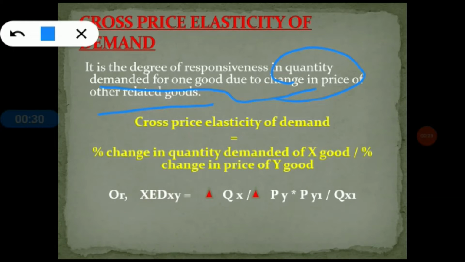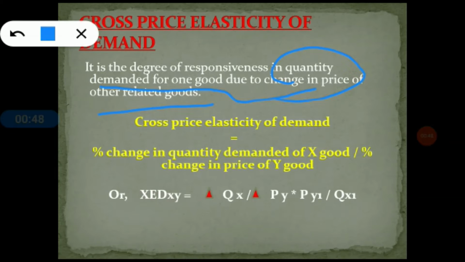So here cross price elasticity of demand indicates the change in the price of the other product. Clear? Not the change in the price of its own product.